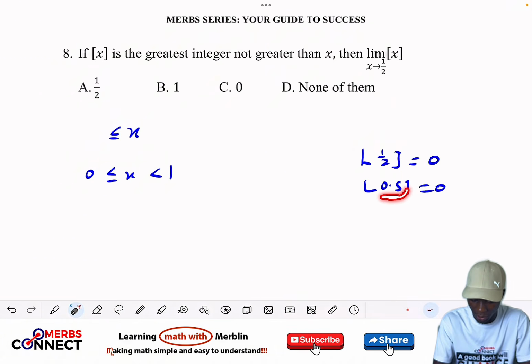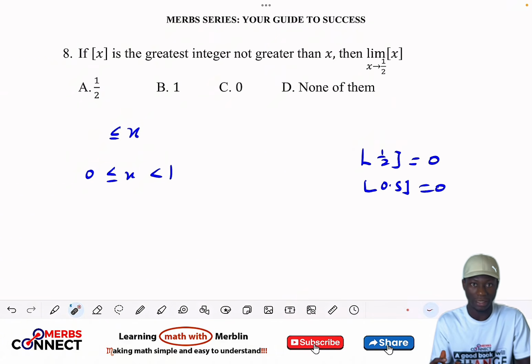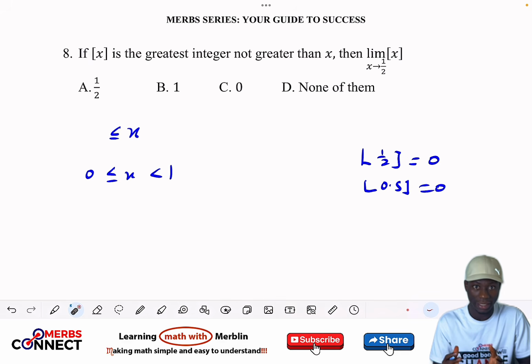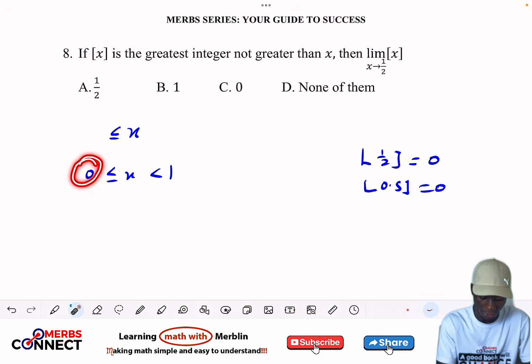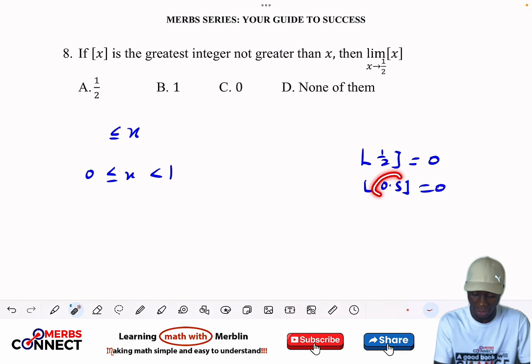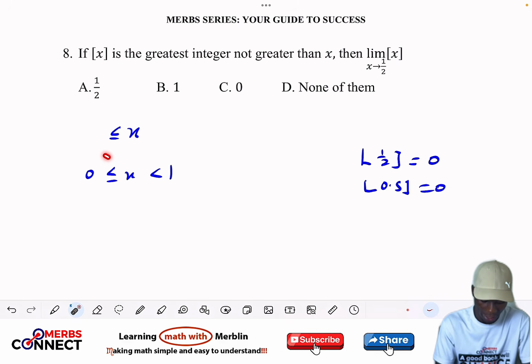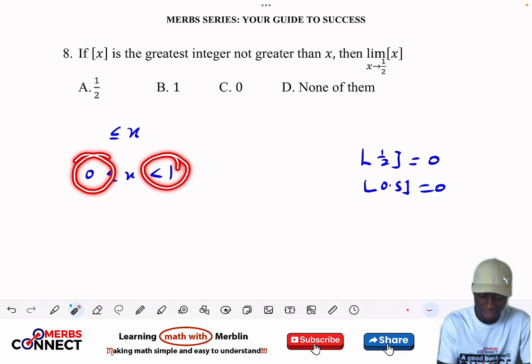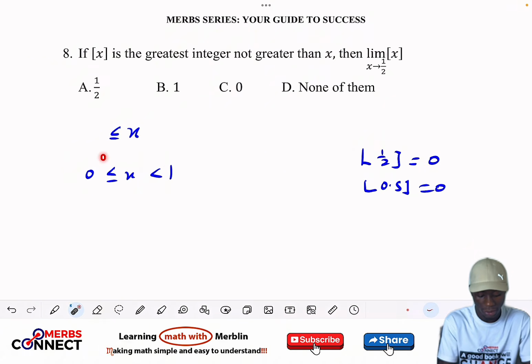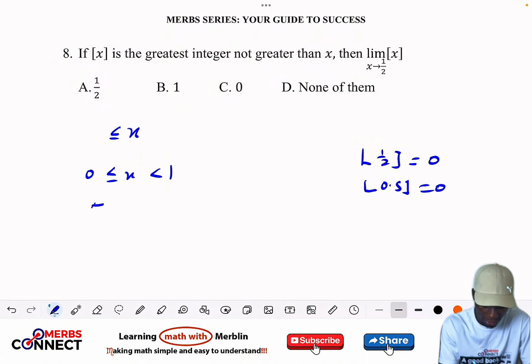Because the interval which contains 0.5, which is half, is 0 and 1, the lowest integer and the greatest integer here. But here we are concentrating on this because we are not including 1. So our concentration is on this one. So we are going to say that the greatest integer of x here is equal to 0.